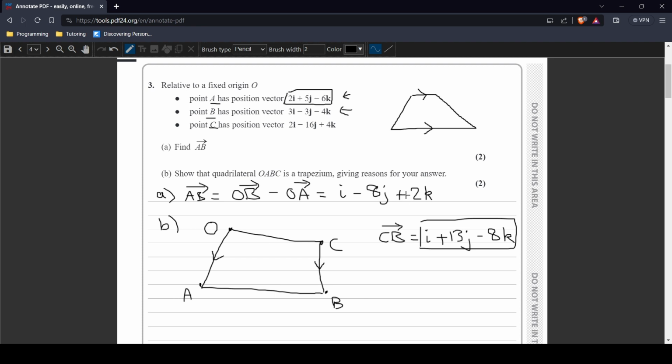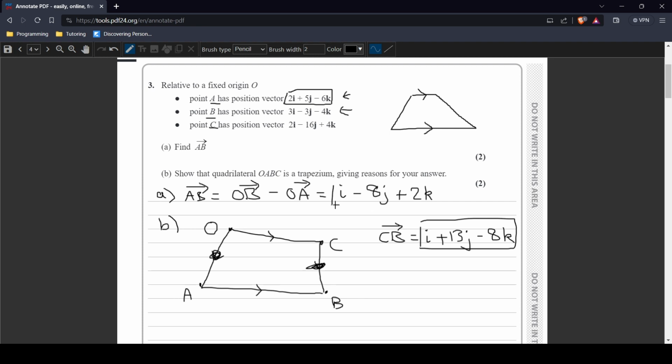Okay, so that means that if this is to be a trapezium, then we must have, okay, so these two sides are not parallel, so we must have that OC is parallel to AB, and we can check that that is the case.